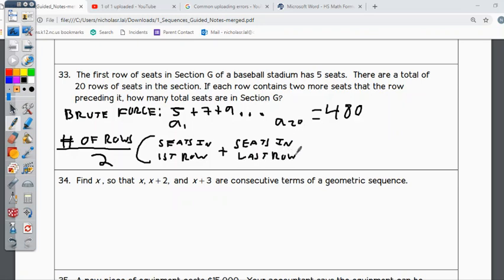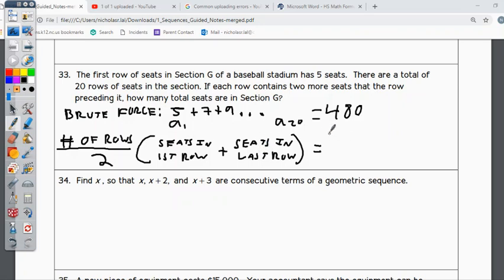And this formula would be much more helpful if, let's say, we had to find how many seats were in total and 300 rows. It would be very hard to brute force 300 rows of seats like this. So in this case, there are 20 rows, 5 seats in the first row, 43 seats in the last row.